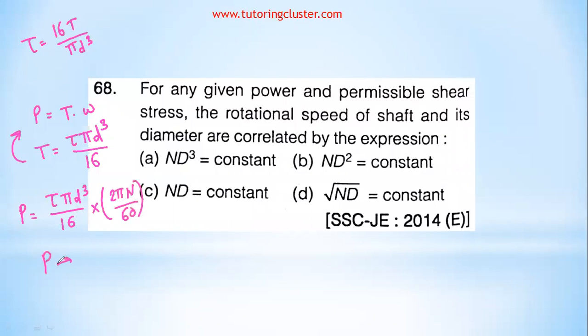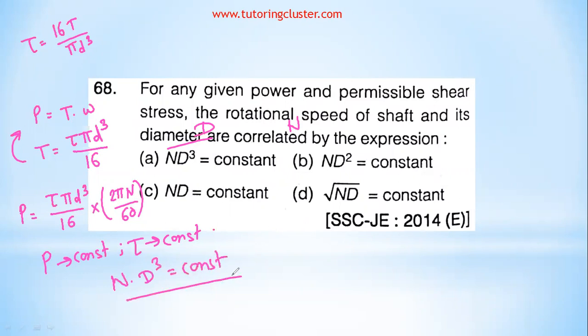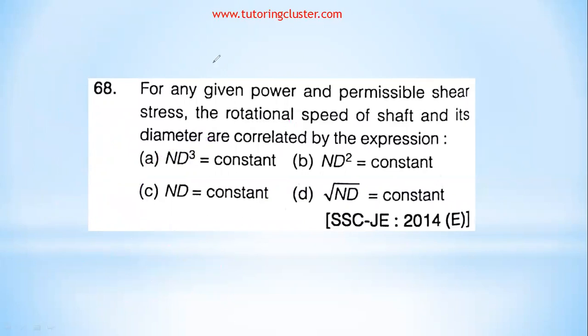So if power is constant and shear stress is constant, we have to find a relationship between rotational speed, that is N, and diameter, that is D. So N into d cube is equal to constant. This is how they will vary.